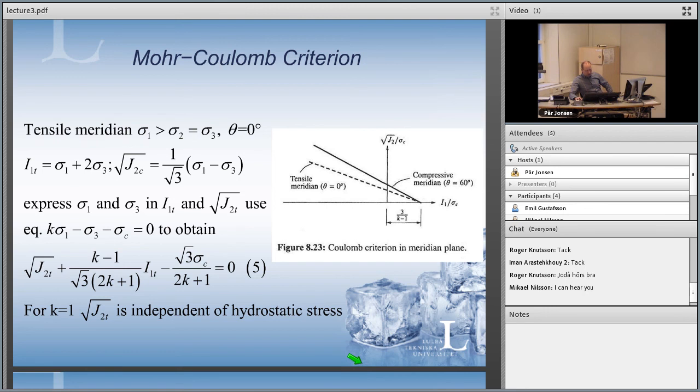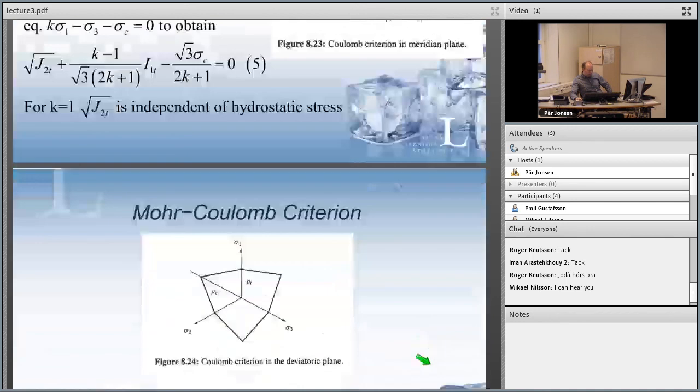If you plot also this meridian in this plane, you will have a difference. The compressive one will be stronger than the tensile one, and this we know already. But one thing that has to be exactly the same is this point where both meridians meet each other. This one should be the same.